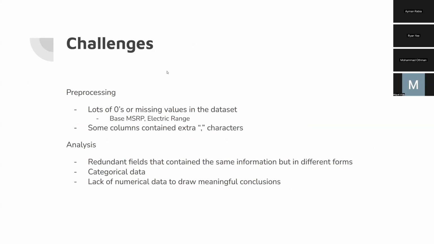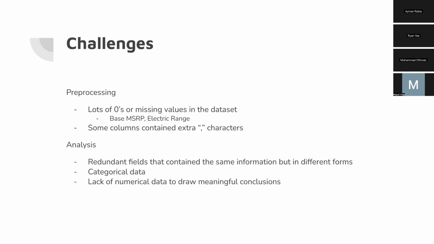Thanks, Miguel. Okay, now on to the challenges. A majority of the challenges came from the pre-processing because there were a lot of zeros or missing values in the dataset, specifically in the base MSRP and the electric range. While we were able to impute values for the electric range using the average electric range for cars with the same make and model, we weren't necessarily able to do this for base MSRP because in our dataset, more than half of the values in the base MSRP were either zero or just straight up missing.